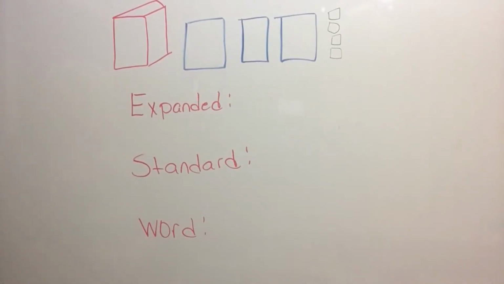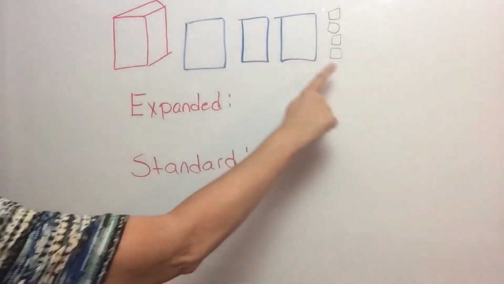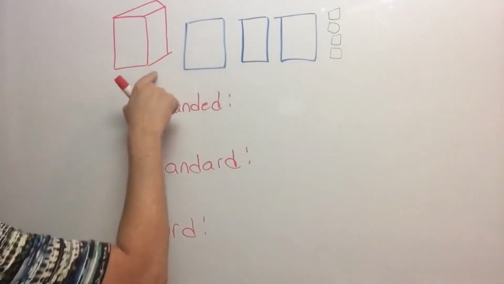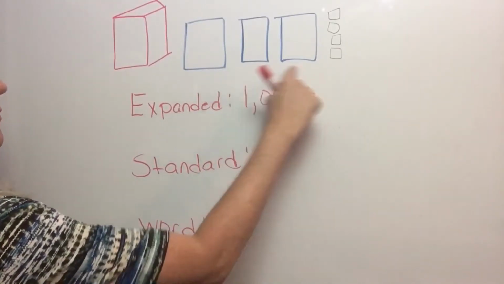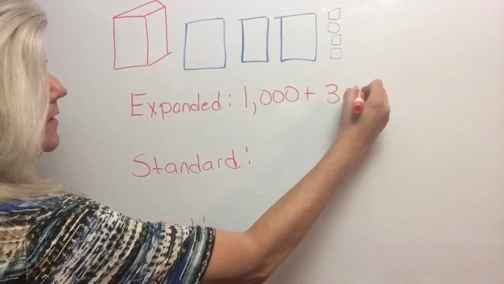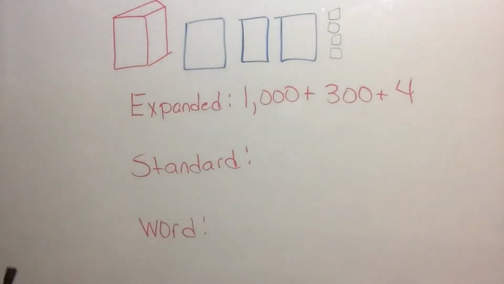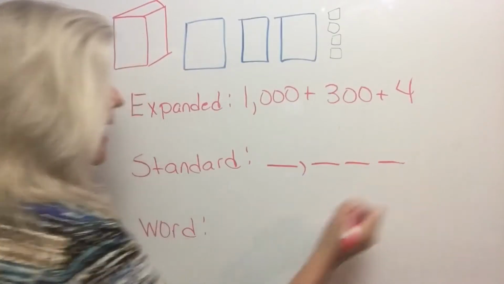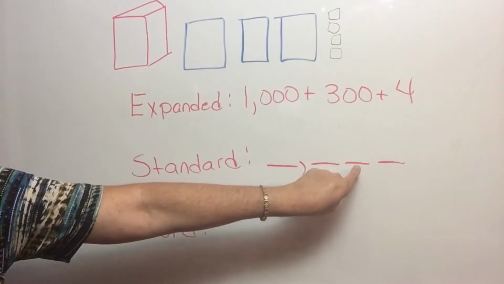In your next problem, you'll see that you have 1,000, 3 hundreds, and 4 ones. We need to write that in expanded form. 1,000, 300, 1, 2, 3, 4. Now notice I did not have any tens, but when I write this in standard form, I have to tell that there are no tens.